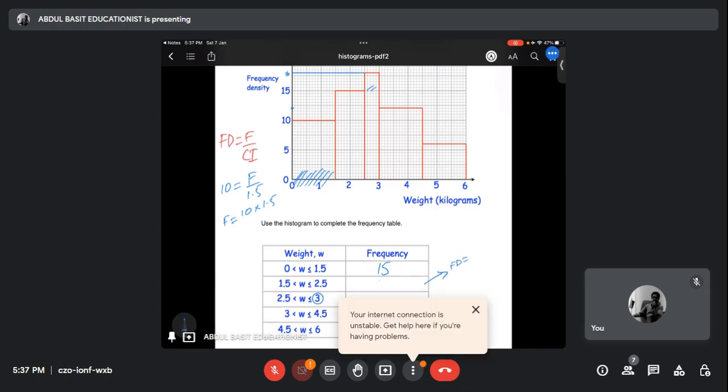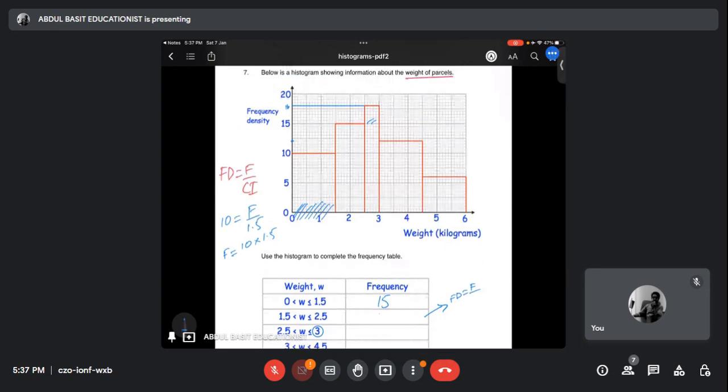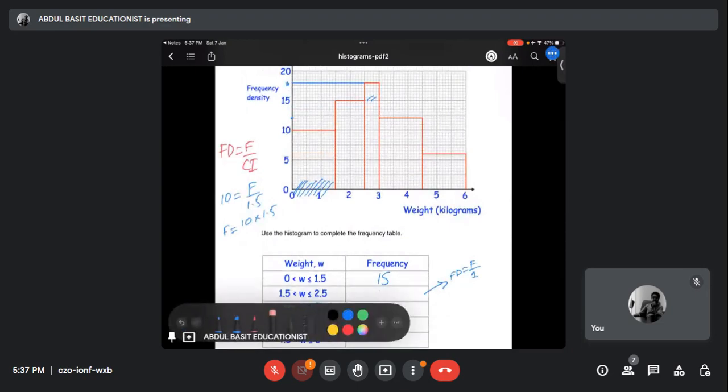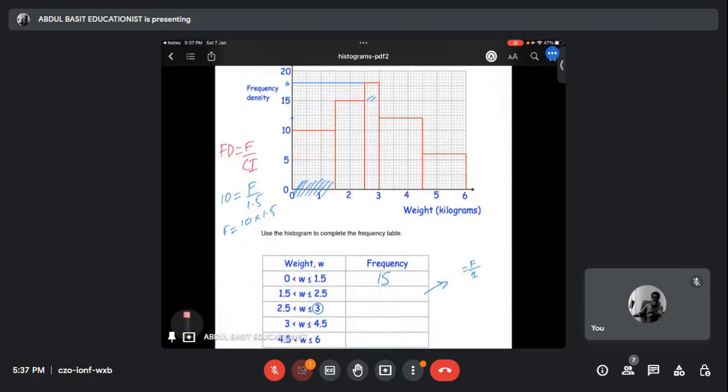So FD is equal to frequency, which is unknown, F, divided by the class interval, 1, and FD is 10. देखिए मिस्टेकनली हमारा आंसर ठीक आया था, लेकिन 15 1s are 15. इसका मतलब है कि बस हम लोग एक छोटा सा फॉर्मूला बना लेते हैं अपने लिए, that FD is equal to frequency divided by class interval. So F is equal to FD multiplied by class interval. बस ये फॉर्मूला बना लेते हैं.